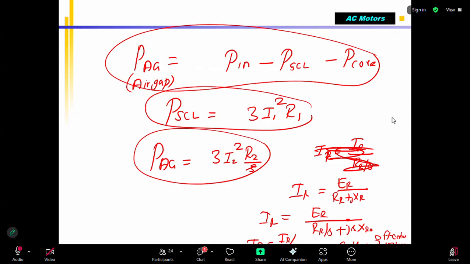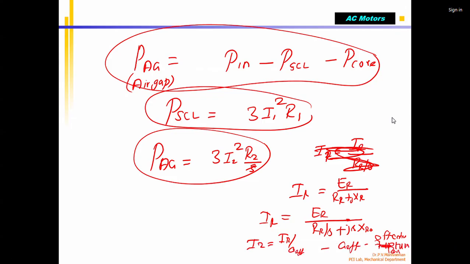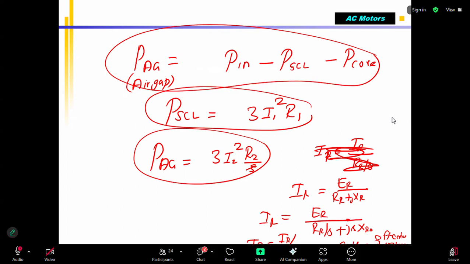Sir, can you please, I2 equal to IR by coefficient, right? Where is it? The last one at the bottom. A effective, subscript effective. They call it the effective turn ratio of the rotor winding, and that will be given by the manufacturer, or they will give the value.